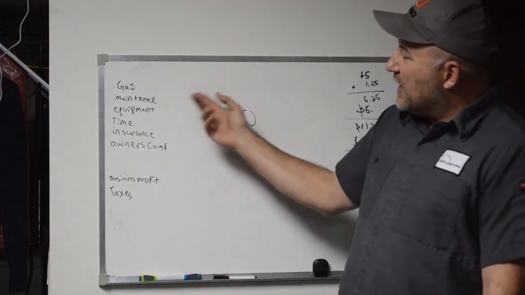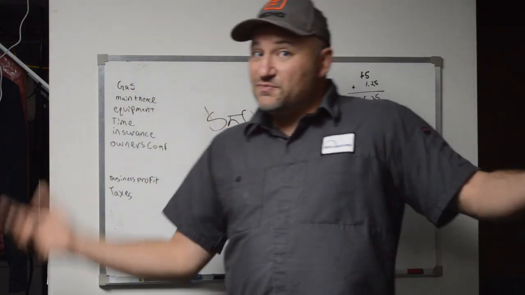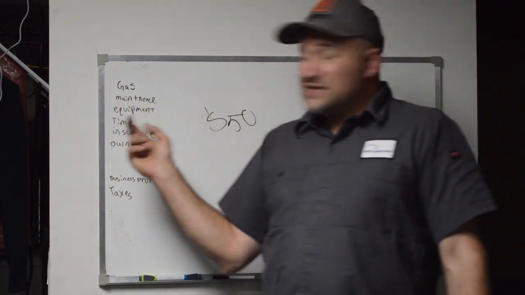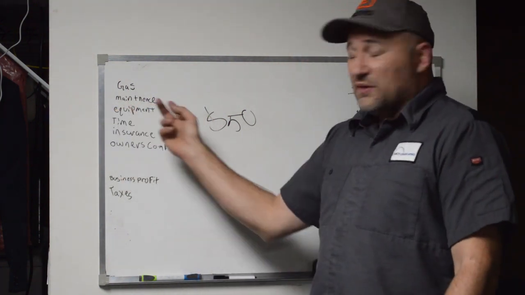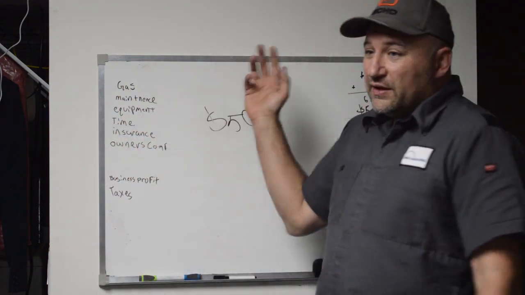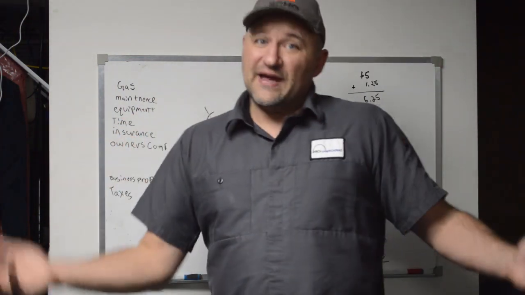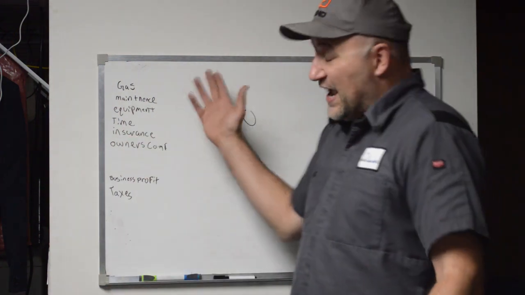But you've got to figure out what your maintenance costs are. If your machines are older, this number is probably going to be higher. Your equipment costs, if your machines are older, this number is probably going to be a little lower. You know, what your hourly rate is. You have to figure that out and factor that out and kind of guesstimate that yourself.